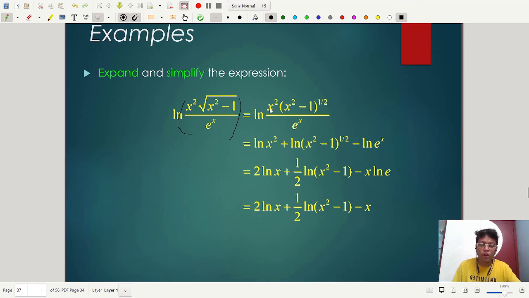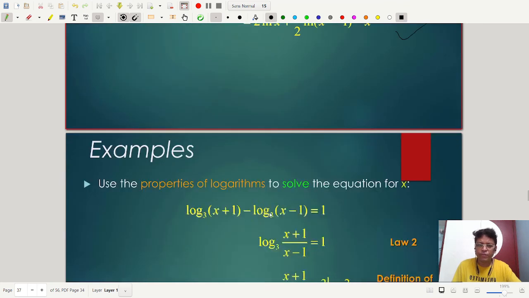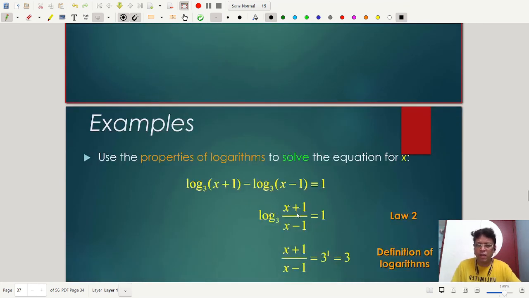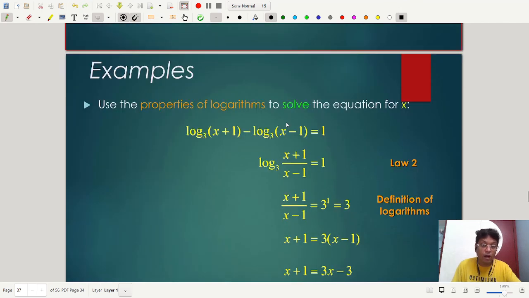Look at that: log of multiplication is addition, division is subtraction, and e to the power x, x is the power, so x ln e. Ln e is 1. So this is the simplified result. A lot of simplification has been done. So you can solve using the log. There are so many problems using logs.